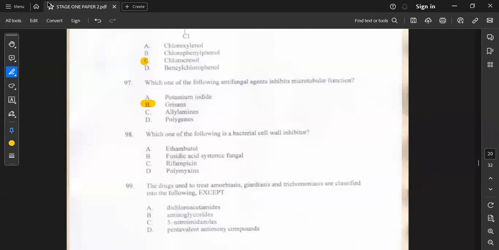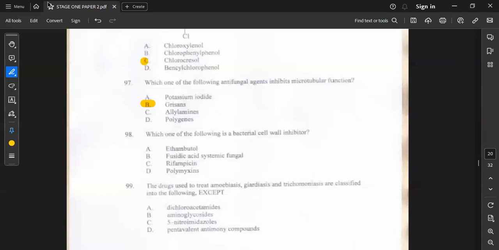So I was thinking maybe we can start with classification, and cover a bit of medchem. In antifungals, we have antibiotics, yeah? They can be polyenes, which you can remember with the short form NAG. N stands for nystatin, A stands for amphotericin B, and G is natamycin or griseofulvin.